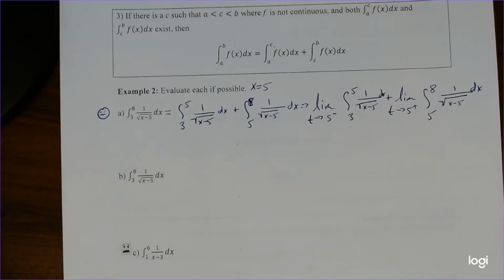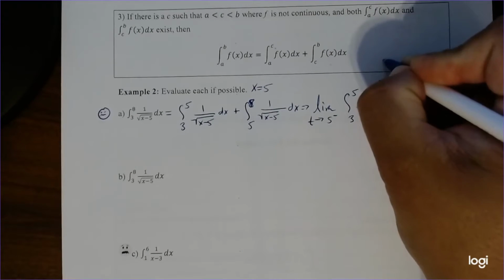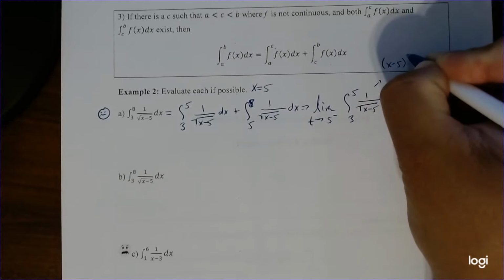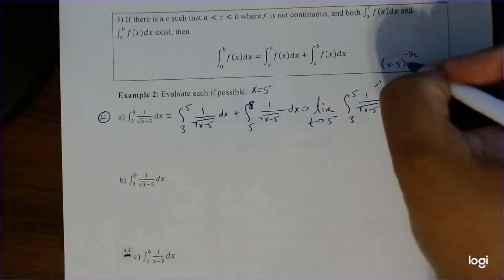Okay, so if we take the integral, this shouldn't be too bad if you guys are wondering how to do this. I always put it into its power form. This is negative 1/2, right? So add 1 gives you half. Or essentially this is a u substitution.